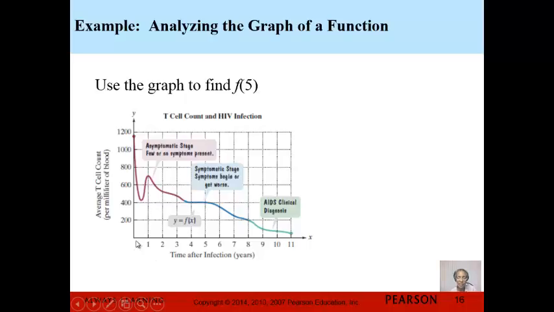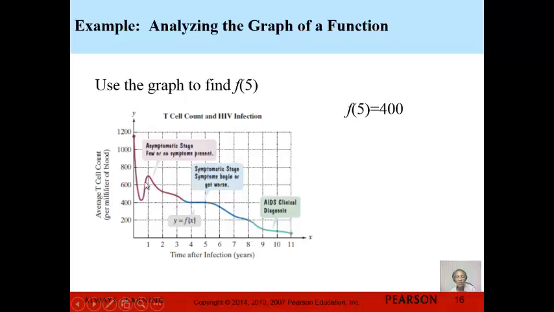So that basically means x is 5. So I find 5 on the x-axis. I move vertically until I touch the graph. In this case, I have to move up to get to the graph. And now I find out the y that corresponds to where I landed. That y is 400. So f of 5 is 400.